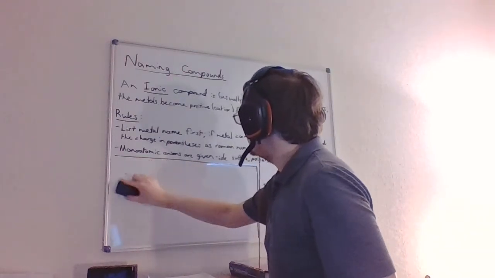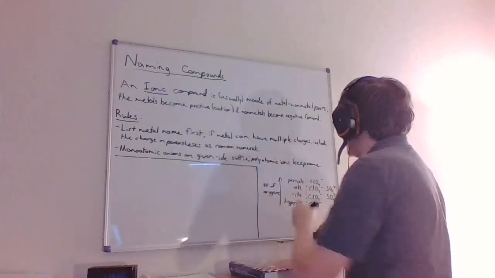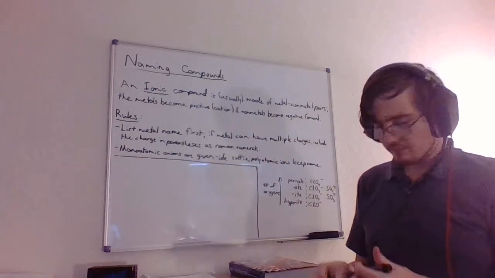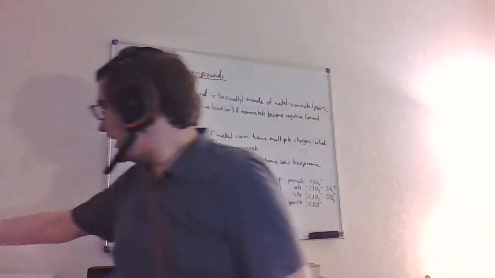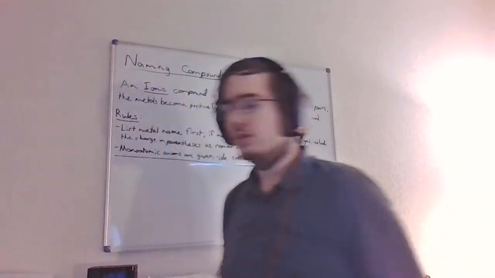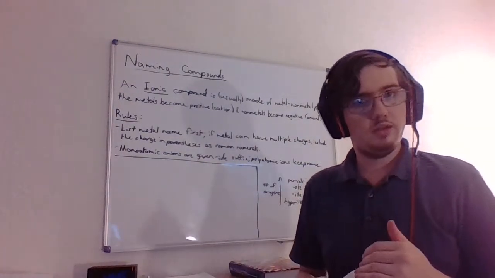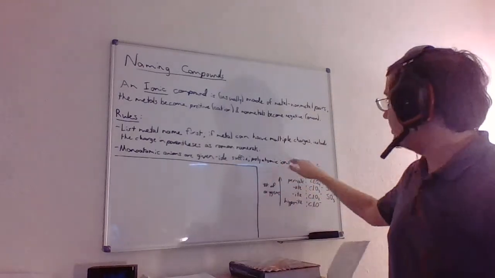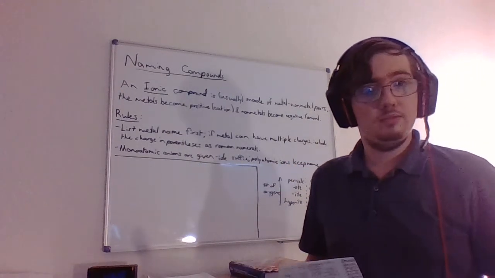Now, as for that second bit, polyatomic ions, they just keep their name. What I mean by that is you should be given a table. There should either be a table in your book with a list of polyatomic ions, or maybe your professor gives out a table.